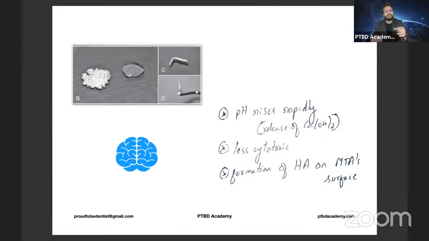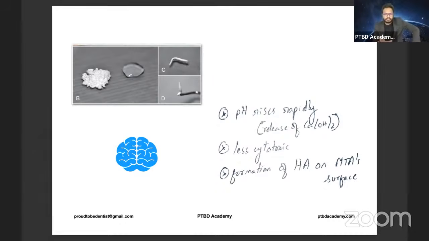And also, as I said, when used as root-end repair filling material, it is known to promote formation of cementum-like layers. So given these reasons, in specific, MTA is considered biocompatible as well as bioactive, right?